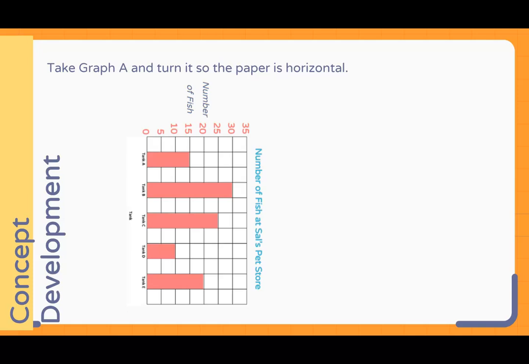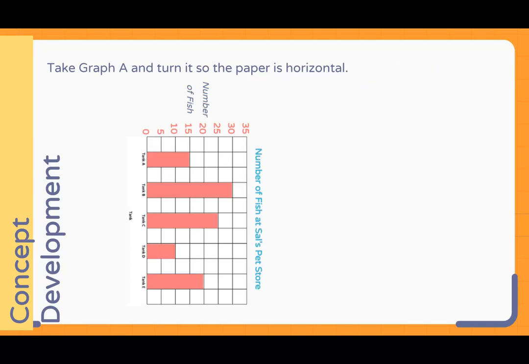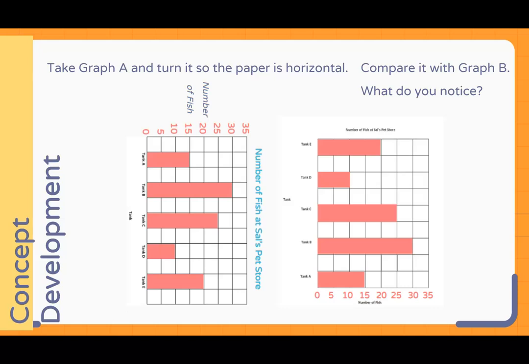So graph A, we turn it horizontal. So this is the one we just did. This is the one we did before. This is the one after. All they did was flip it over. Okay. But they're exactly the same.